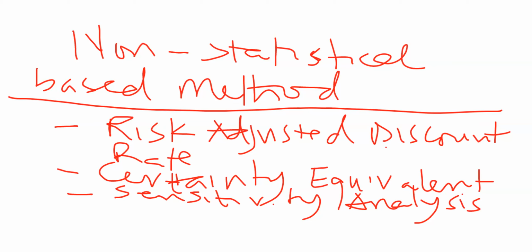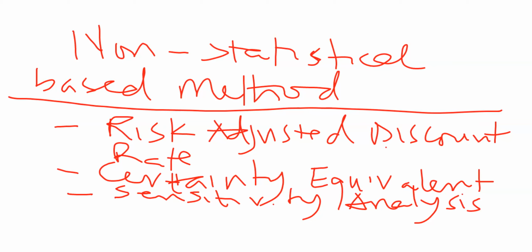The project is expected to generate future cash flows as follows. You move to the next line. You write year, and you now write cash flow.